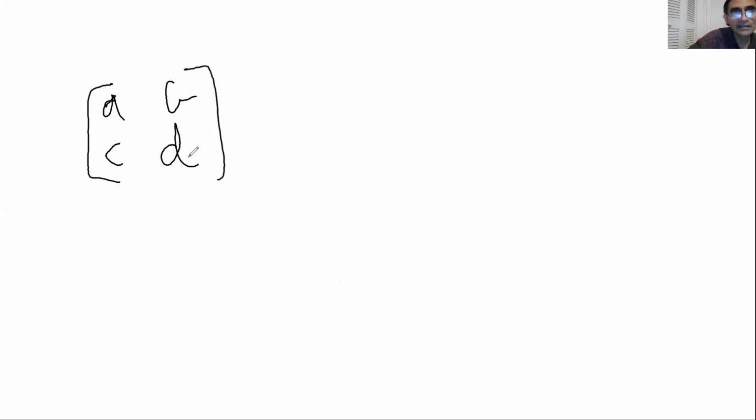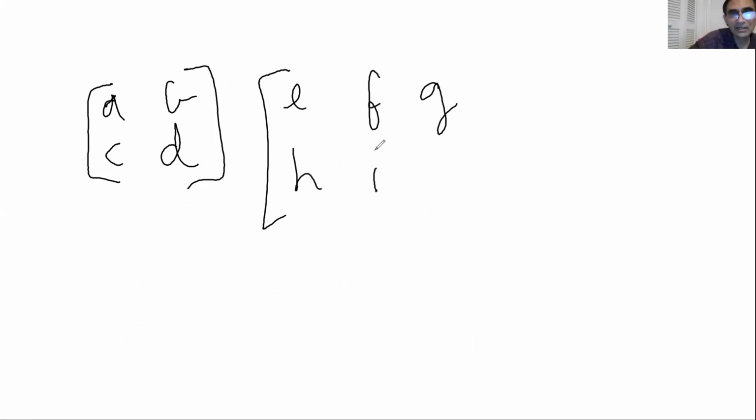So the other thing about matrices is that I can have a matrix with A, B, C, and D. This is A. And then I multiply it by another matrix with E, F, G, H, I, J. And I can perform this multiplication. There's an implied multiplication over here, right?